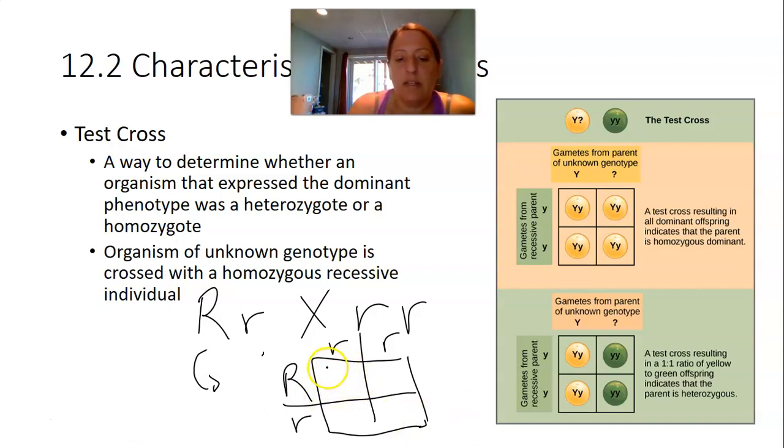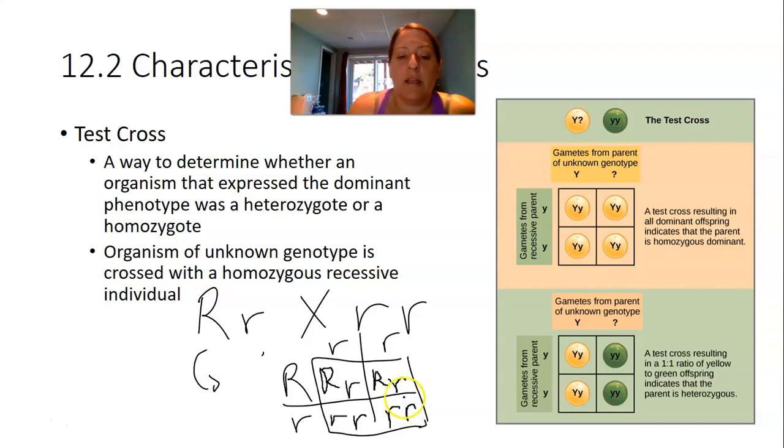My first box here is going to end up being big R, little r, heterozygous purple. My second box is also going to be big R, little r. The more practice you have with these Punnett squares, the better you get. My third box down here is going to be little r, little r, homozygous recessive, yellow kernel producing plants, and the same thing in this last box.